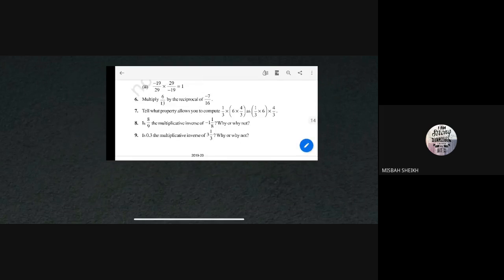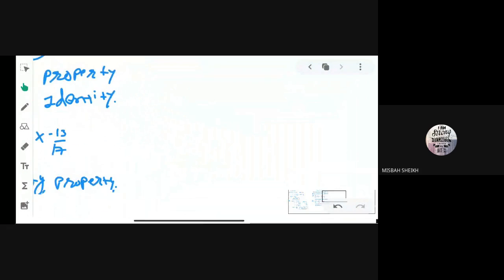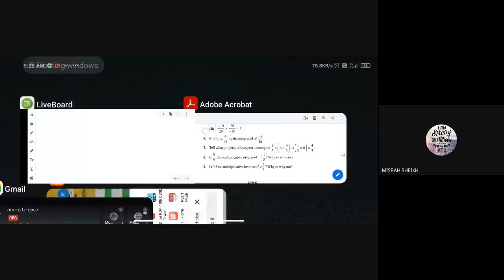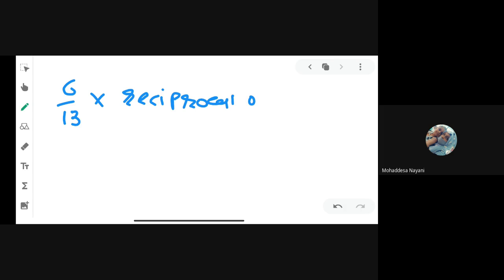You can see what we have to do in this question: 6 by 13 into the reciprocal of minus 7 by 16.